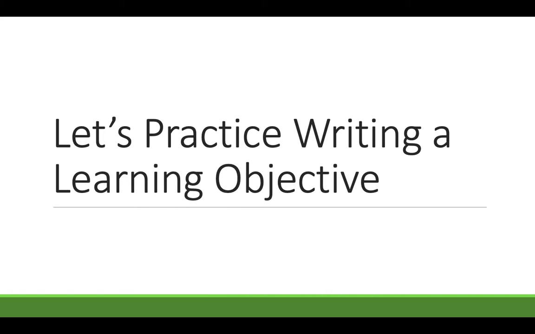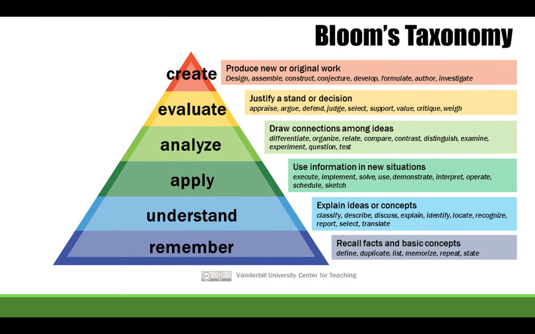So, let's practice writing a learning objective. There is this wonderful taxonomy called Bloom's Revised Taxonomy. And this guy Bloom basically sorted out the various levels of learning and knowledge into 6 levels here.